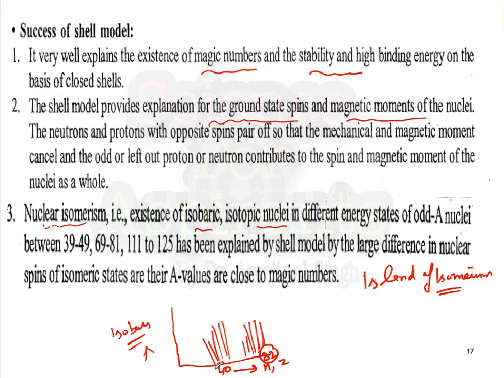The shell model successfully explains why these nuclei have a larger number of isomers as compared to their neighboring nuclei, and that is based upon the excited states or the first excited states of these given nuclei as compared to their neighbors.